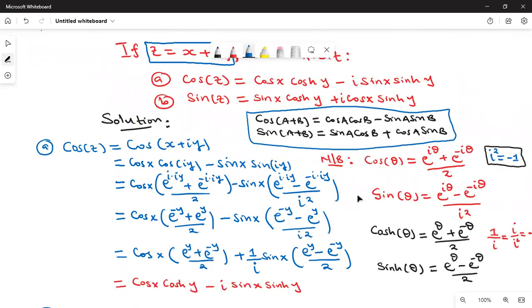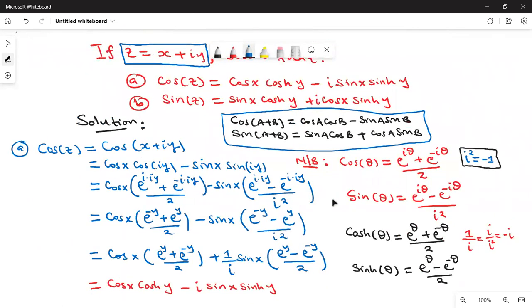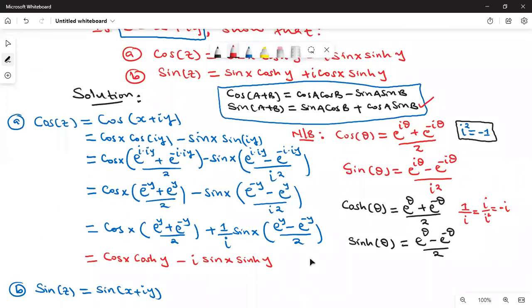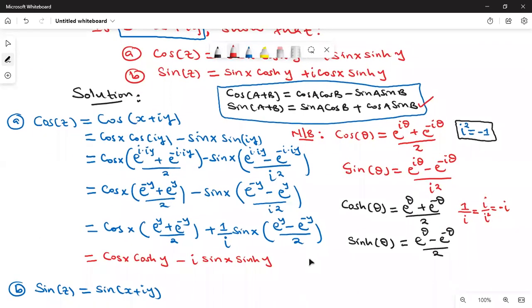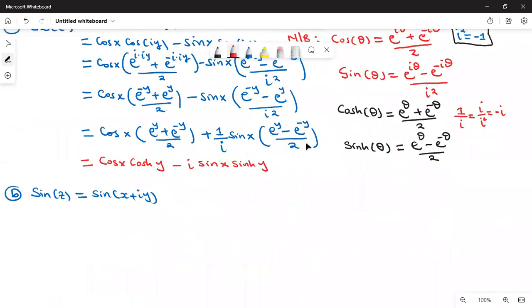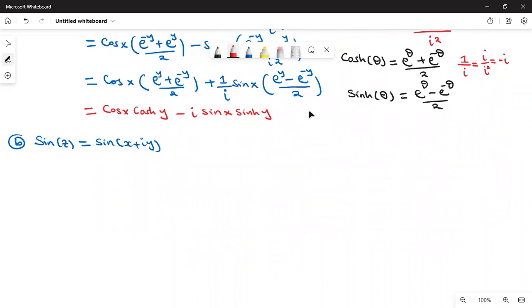Sine A plus B, we have it here. So it will be sine A cos B plus cos A sine B. Instead of A, we are going to use x, and in place of B, we are going to use iota y.